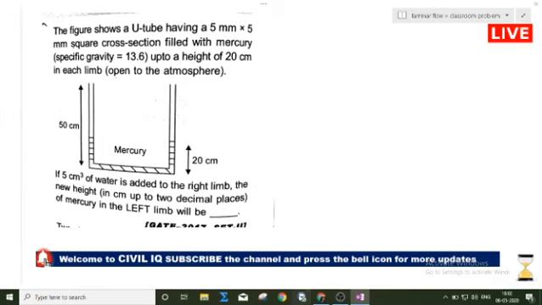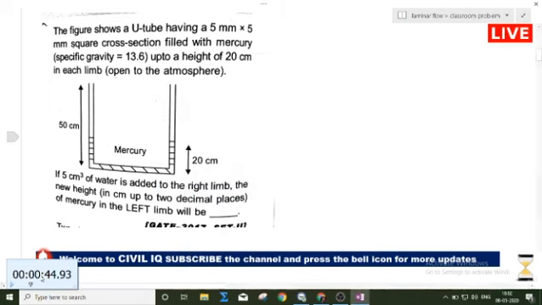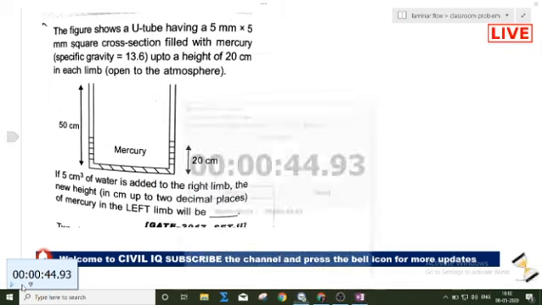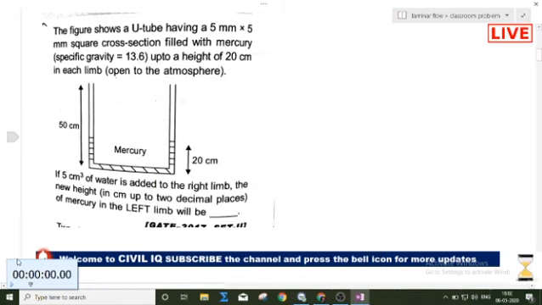I am keeping some time for you so that you are able to read this problem. One minute I am keeping for you. So try to read this problem and solve it.